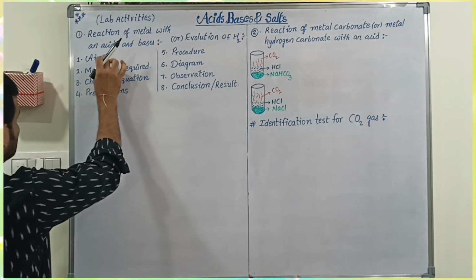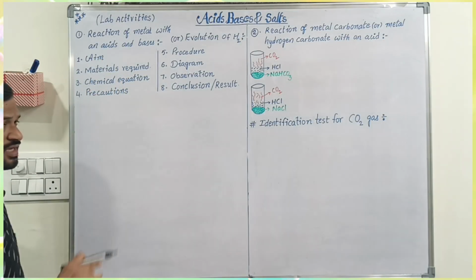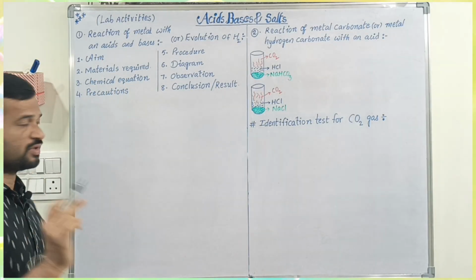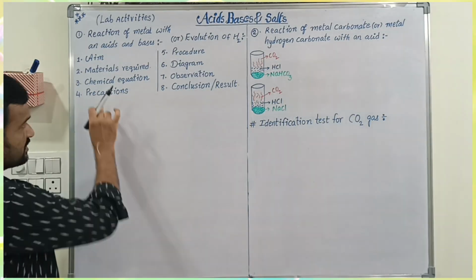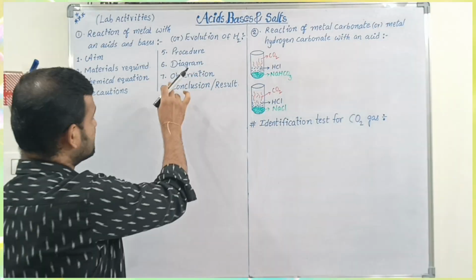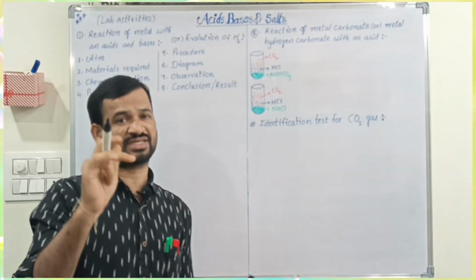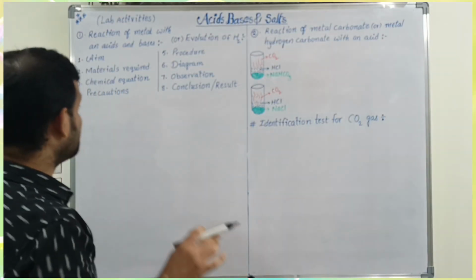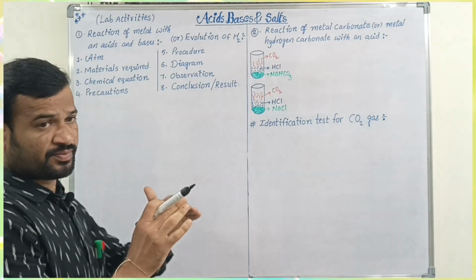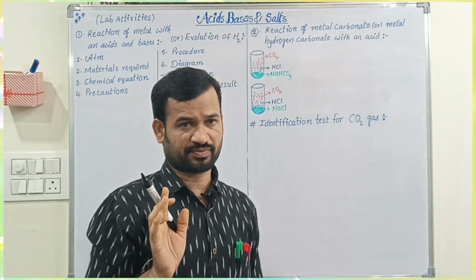First we write the aim, second materials required, third the chemical equation, which means principle, fourth precautions, fifth procedure, sixth diagram, seventh observation, and the last one is conclusion, which is nothing but the result. This is the proforma we need to follow in the lab activity.